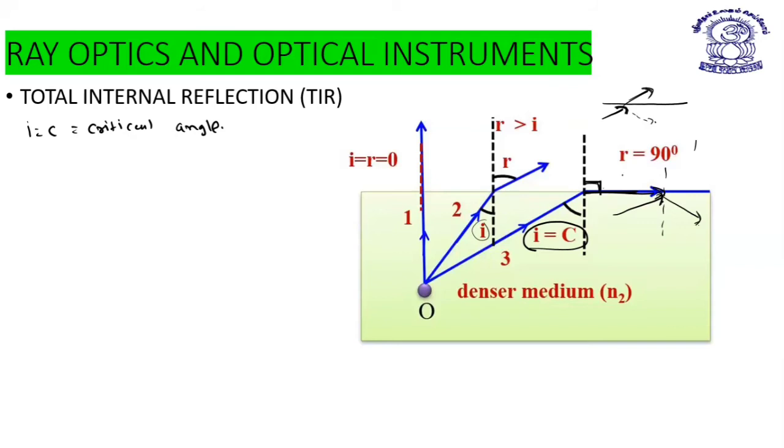So here there is no light that is moving away or moving into another medium. Completely light is reflected in the same medium. This phenomenon is called total internal reflection. So let us define the term total internal reflection.